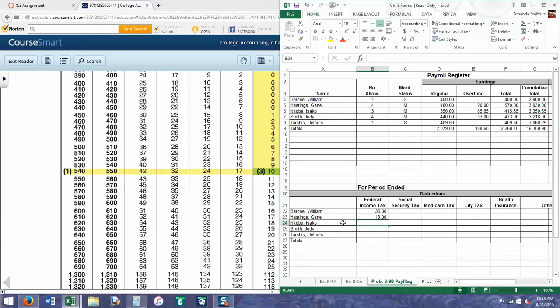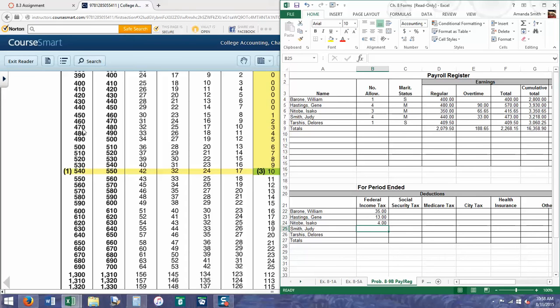The next one is married with 3 allowances, and it's $415.65. So at least 410, but less than 420 at 3 allowances, 0, 1, 2, 3, so it's $4. Judy Smith is married with 4 allowances as well, and hers is $473.